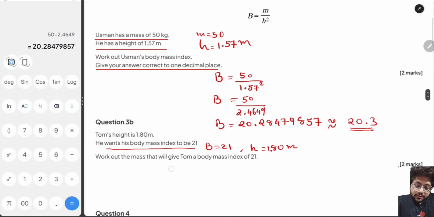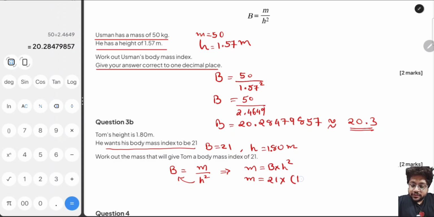So from our formula, B is equal to m upon h square, I'll make m the subject. So this h square will go in multiplication with B. So m is equal to B times h square. Now just replace the value of B as 21 and h with 1.80.